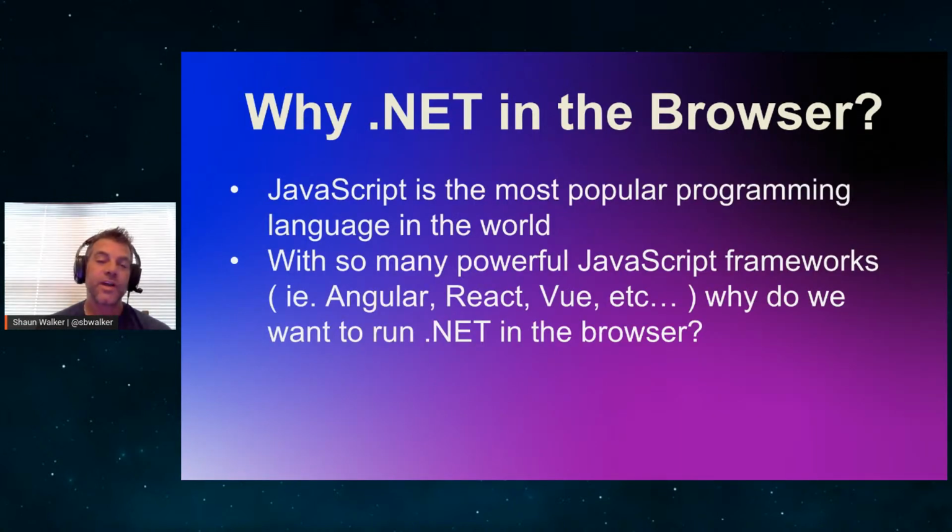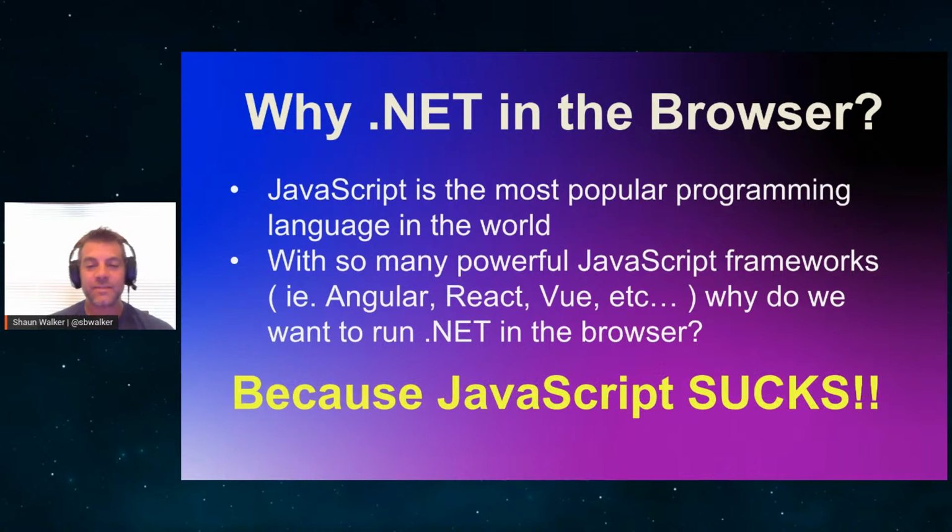So why .NET in the browser? I think that from a business perspective, we already tackled this early on in this presentation, right? The resource availability of full stack developers, the need to kind of glue together front and back end technologies has some downsides. I personally am not a big fan of JavaScript, although of course JavaScript is super powerful in a lot of different ways.